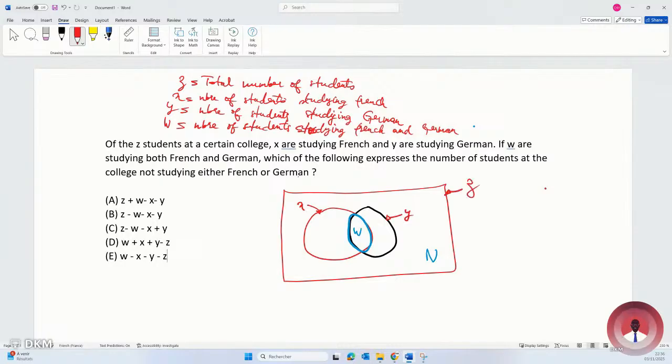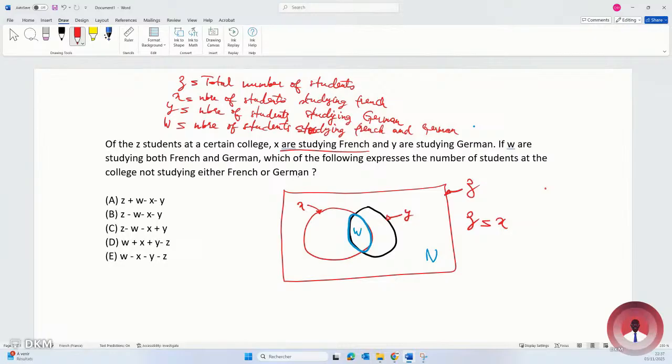So if the question was to find the total number of students, Z here would have been equal to X, the number of students studying French. In X here, we can have students studying at least French, okay. So there can be students studying French and German at the same time, and students studying only French.